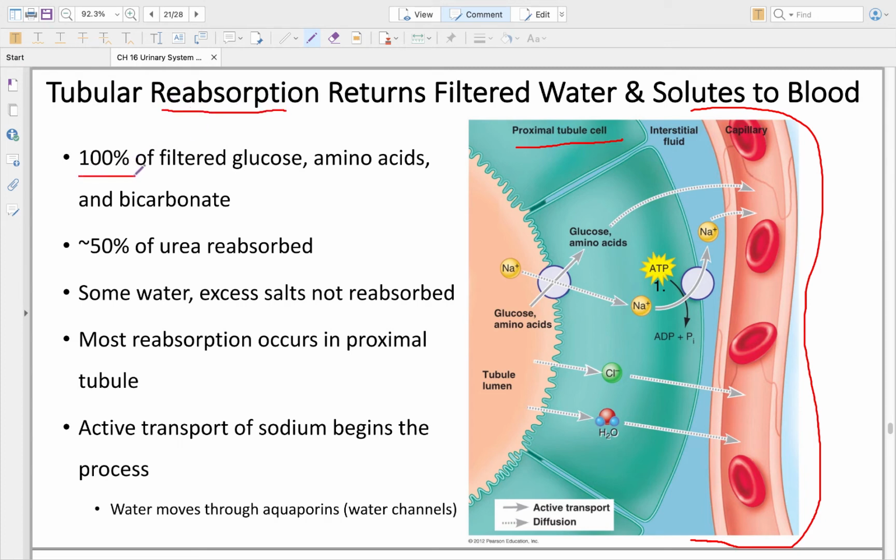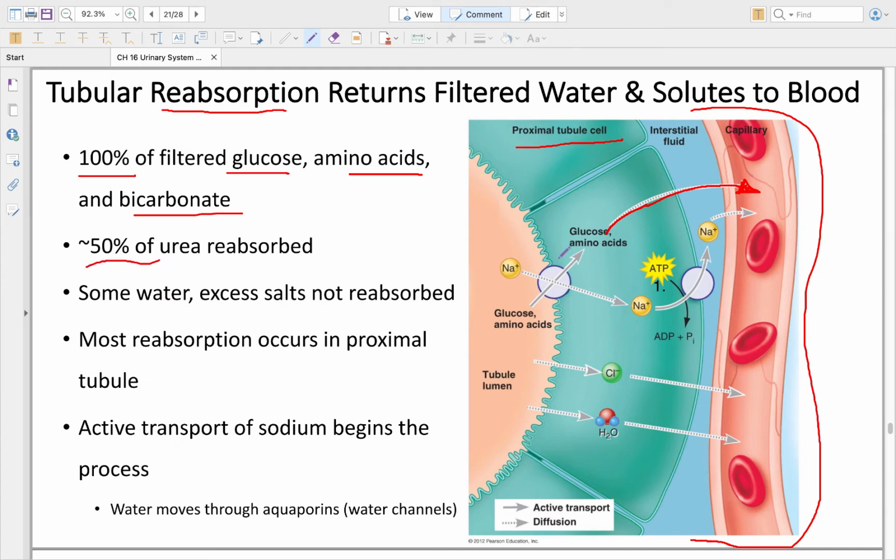Number one, 100% of all of the glucose, amino acids, and bicarbonate that entered the filtrate will get reabsorbed out of the proximal convoluted tubule, so basically out of what's going to become the urine. All of that is going to come back to the blood because we actually need it. So it's returned.